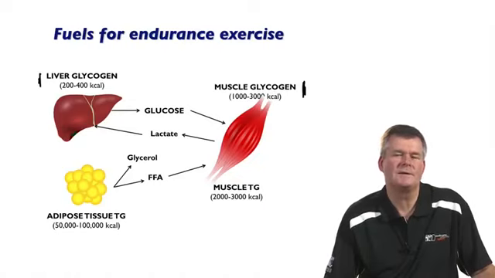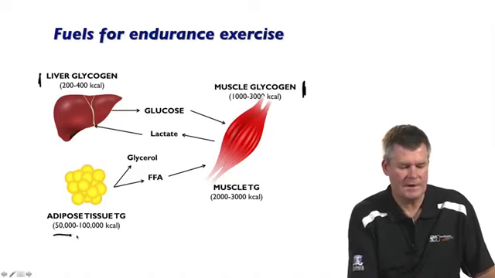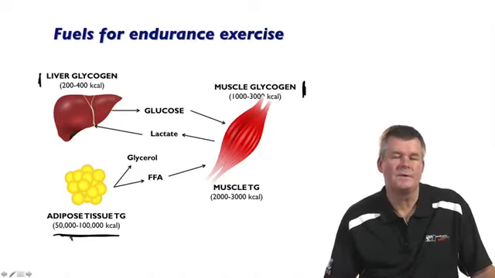In relation to fat, this is the primary energy store within the body, most of which is found within the adipose tissue. And the triglycerides stored in the adipose tissue can be broken down, liberating glycerol, which can also be used in gluconeogenesis in the liver, but importantly for contracting muscle, the free fatty acids which travel in the bloodstream and can be taken up by the contracting muscle.